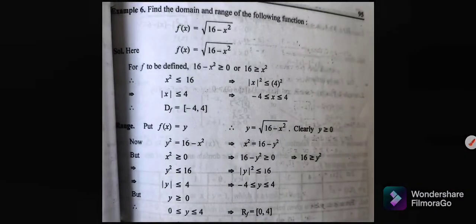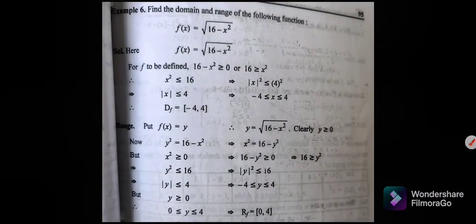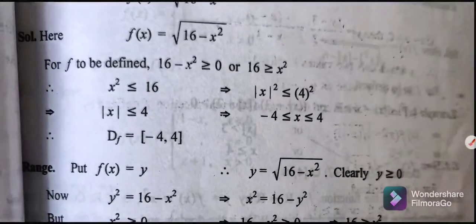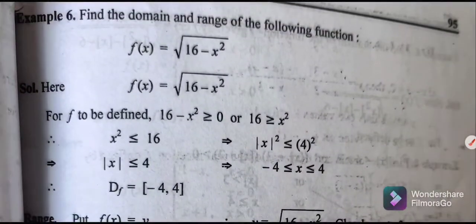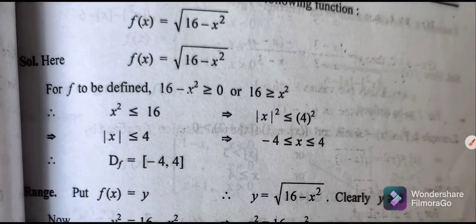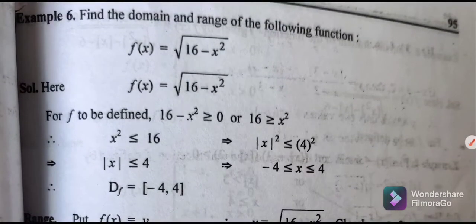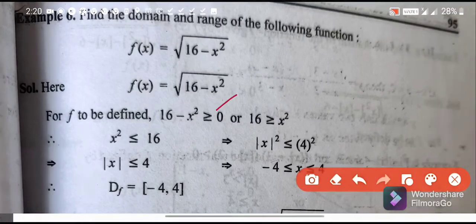Next question. Find the domain and range of the following function. f(x) is equal to under root of 16 minus x square. Now for finding domain, 16 minus x square is greater than equal to 0. That is 16 is greater than equal to x square and x square is less than equal to 16.